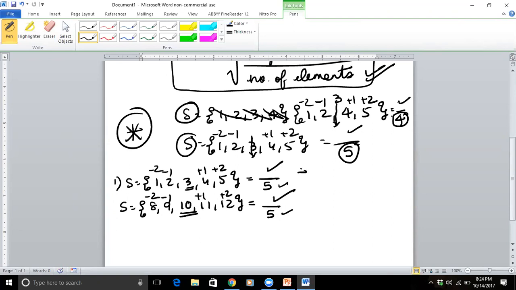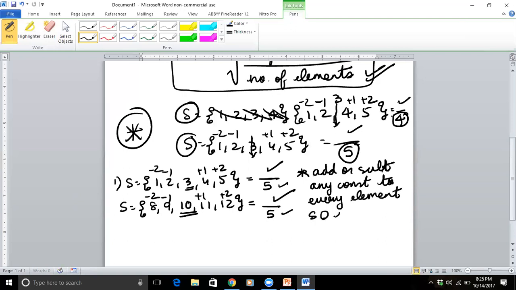So the first property of standard deviation states, you can always add or subtract any constant or any quantity to every element of a set, and the standard deviation remains the same.